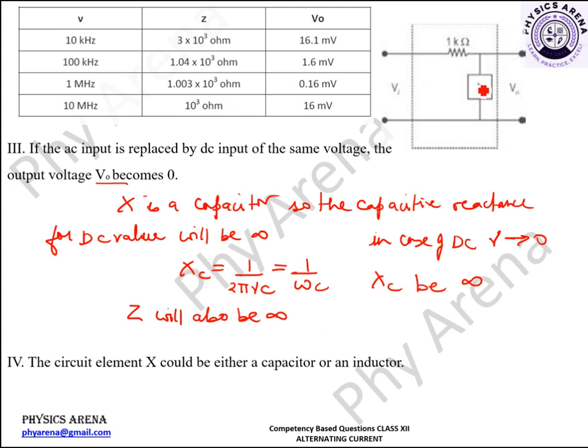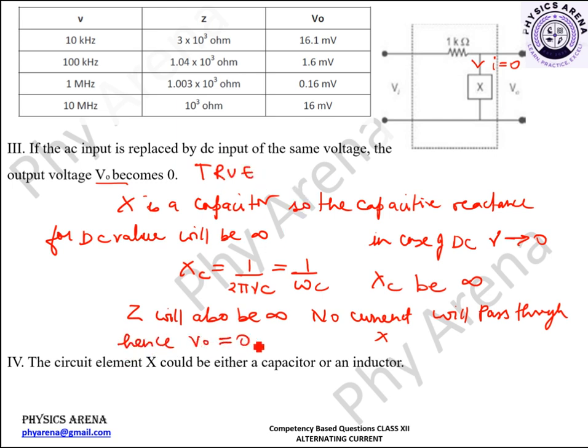And when it offers infinite resistance, it means no current will pass through X. And when the current through X is 0, it means the voltage across it will also be 0. So this is a correct statement. Hence, V0 will become 0 because current through X will be 0 as it will offer an infinite resistance.